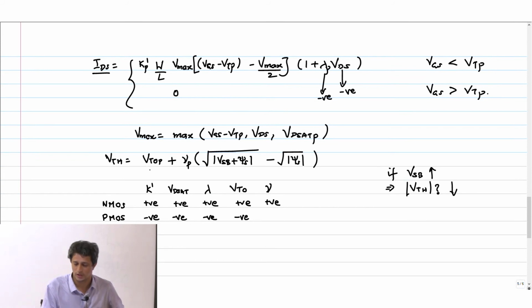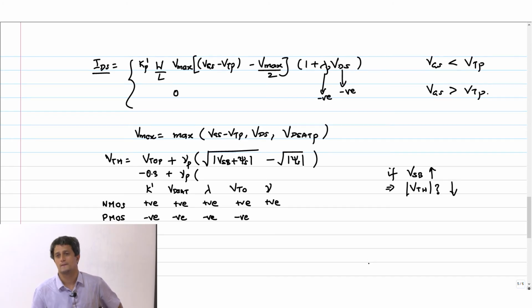So in this equation, let's say this is minus 0.25 volt or minus 0.3 volt, then plus gamma P into something. VSB is going up. If mod VTH has to come down, what should happen to this second term? It should be positive, right?